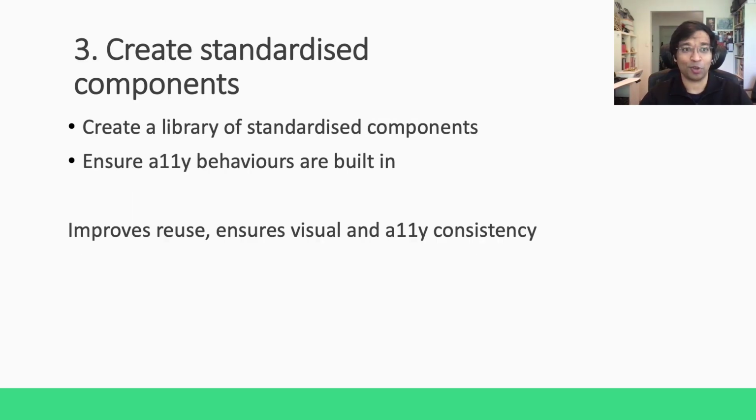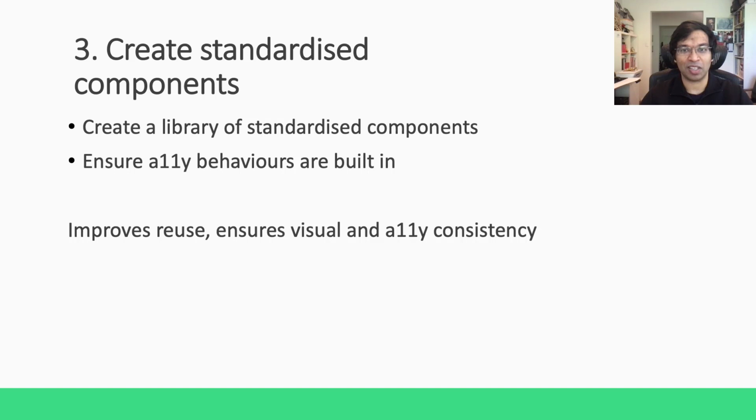The third principle I'm going to talk about is creating standardized components. So basically, your design language can be a big guideline for this one. You want to create a library of reusable code components where you have accessibility behaviors built in from the start.